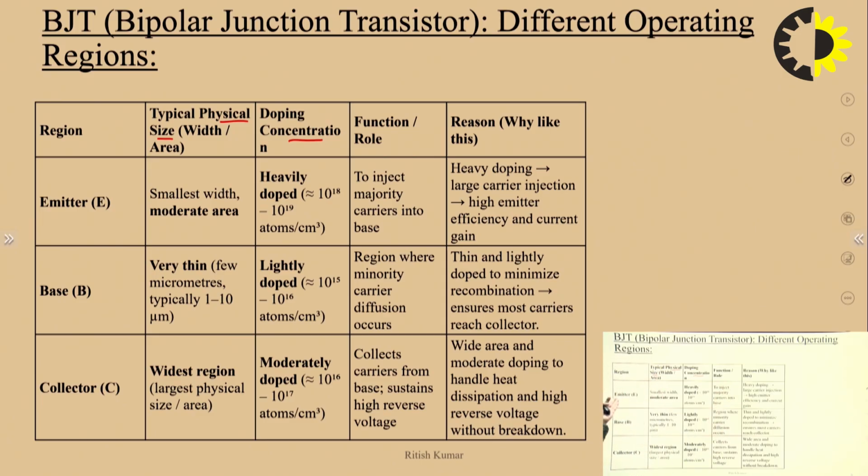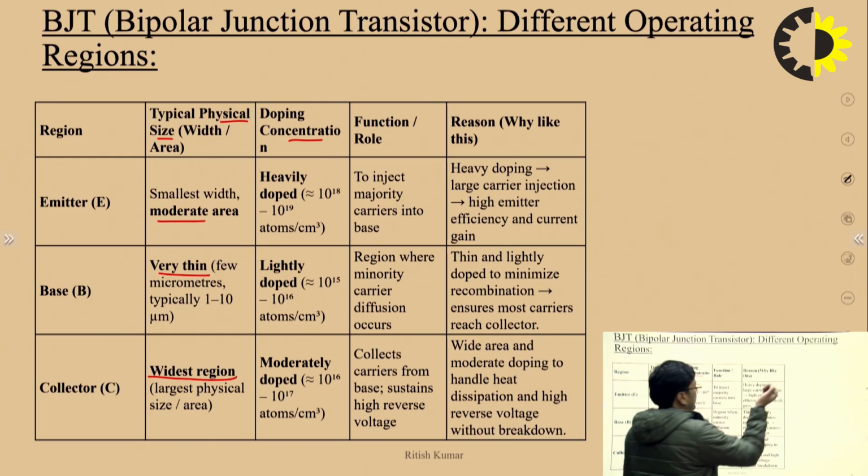So you can see here the emitter is moderate in size, and the base is very thin in size, and the collector is the widest region, that is the largest size of the emitter, base and collector.